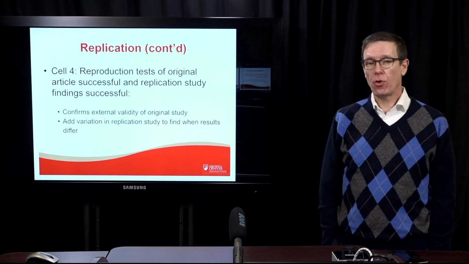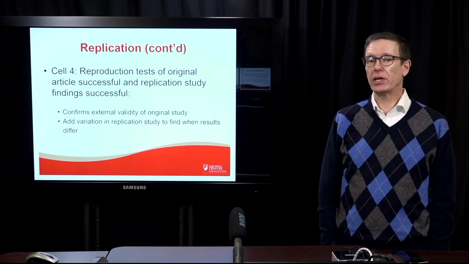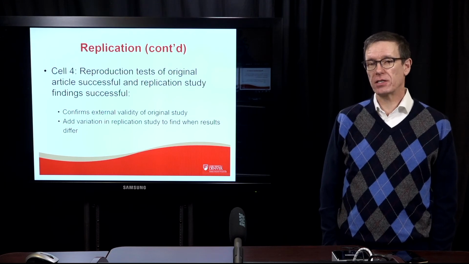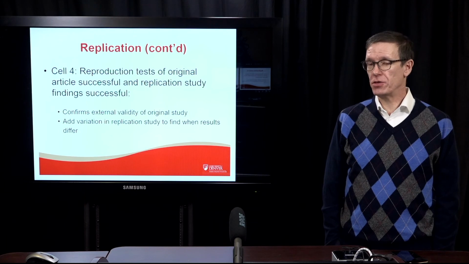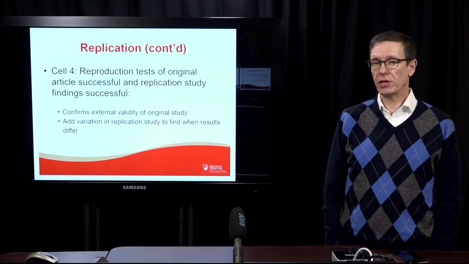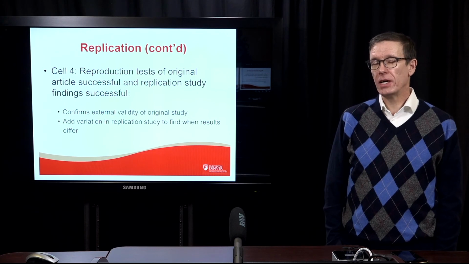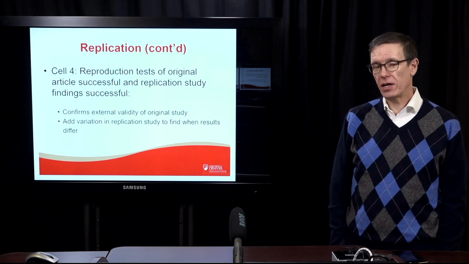Finally, cell 4. The reproduction tests were successful, and the replication study findings were also successful. This would tell us that the external validity or the generalizability of the original study is confirmed. So as we look at this, the variation in the replication study was corroborated and identified.